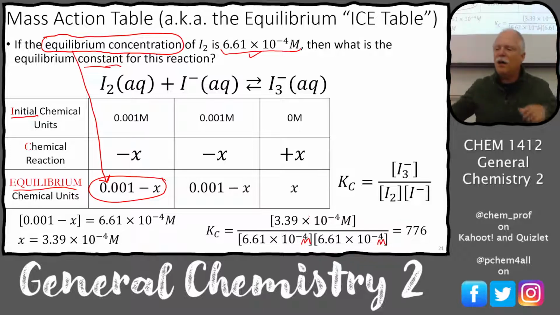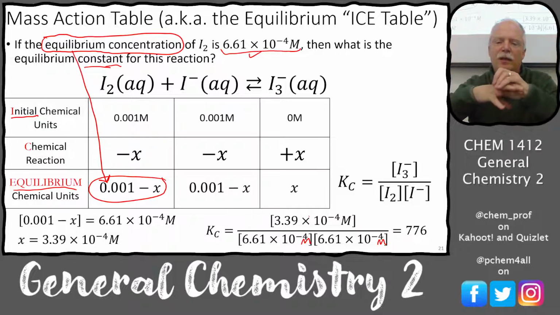There is one thing that always made me uncomfortable with the equilibrium constant expressions. They're actually unitless. Even though it looks like I have a molarity on top and 2 molarities on bottom, so it looks like it should have the units of inverse molar, okay?